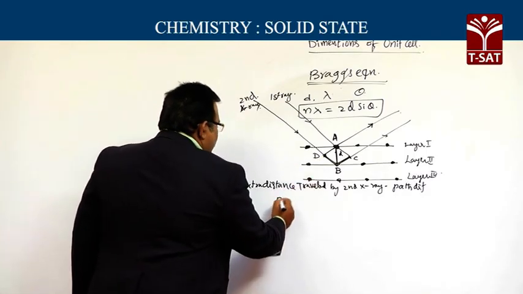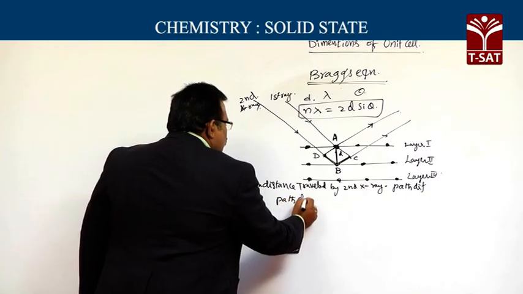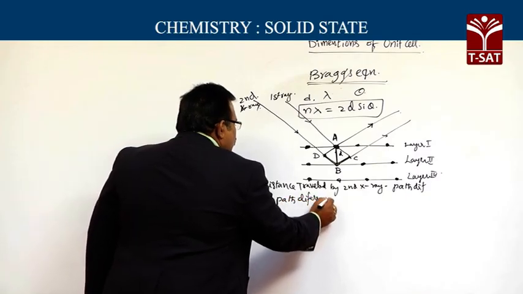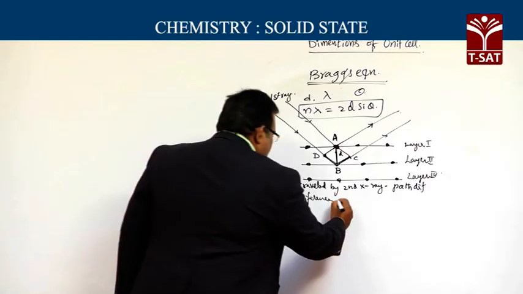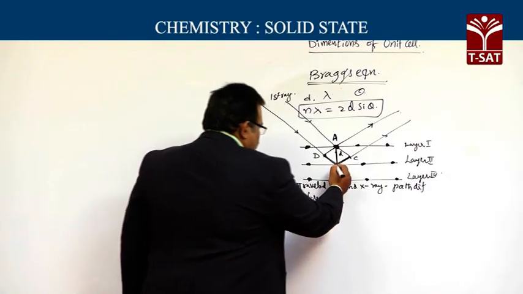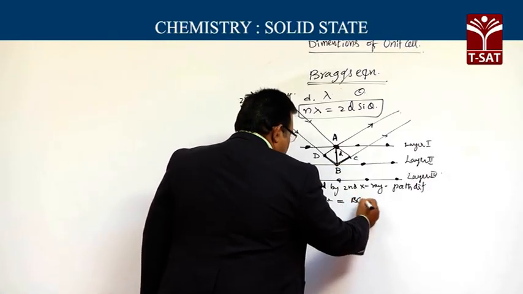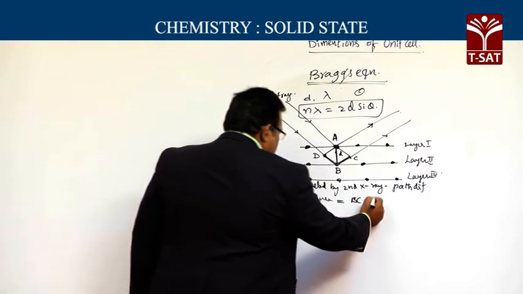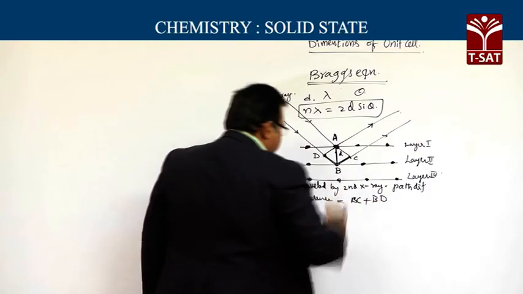So, the path difference is equal to BC plus BD.